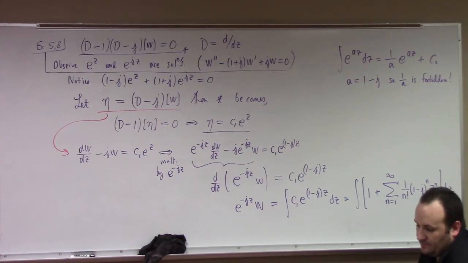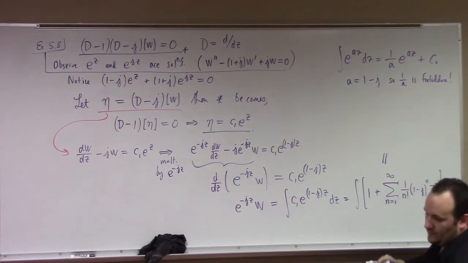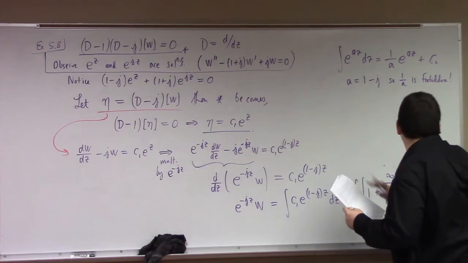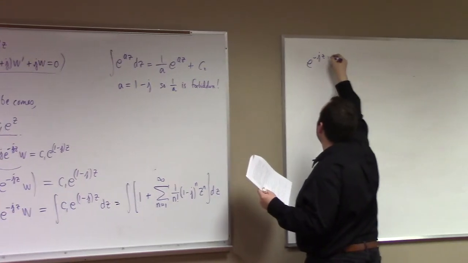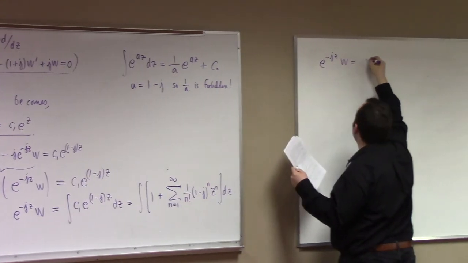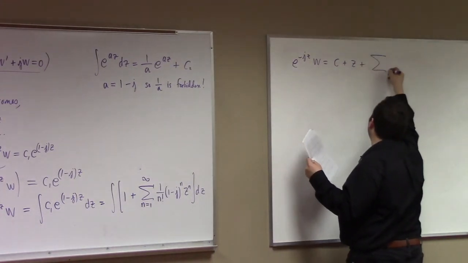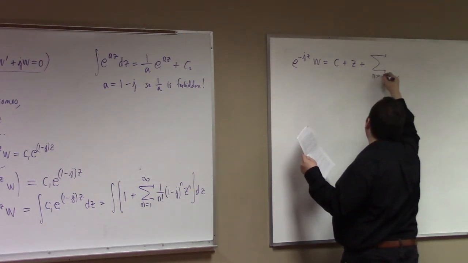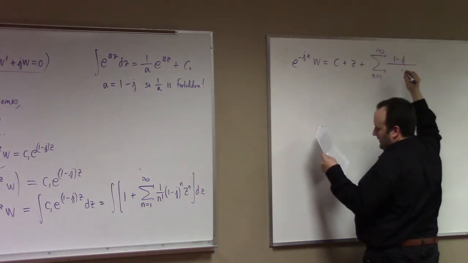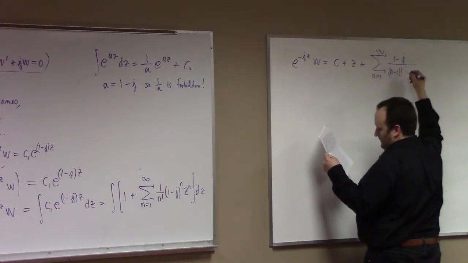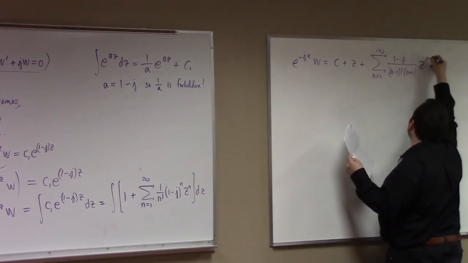So that works out to, let me write it over here. So we get e to the minus jz w equals a constant plus z plus the sum n equals 1 to infinity of (1 minus j) divided by (n minus 1) factorial times (n plus 1), times z to the power n plus 1.